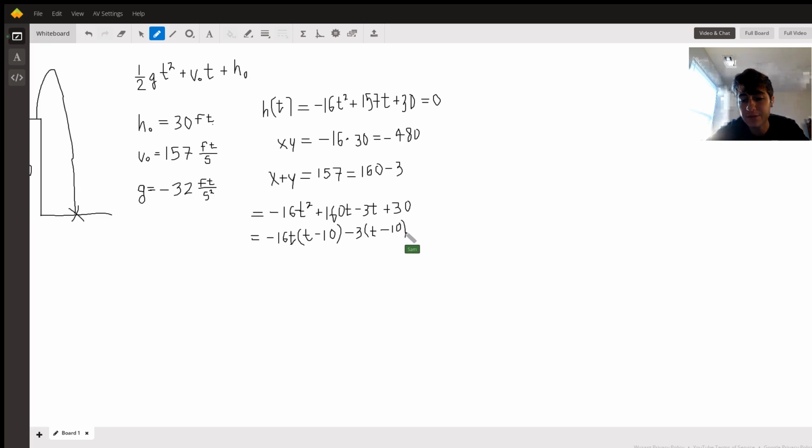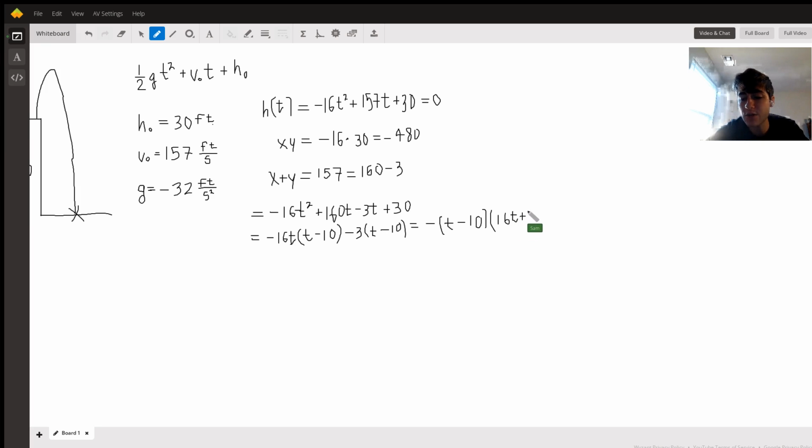Now we have a common factor of t minus 10 that we can factor out. So we can rewrite it as negative 1 times the quantity t minus 10 times the quantity 16t plus 3.